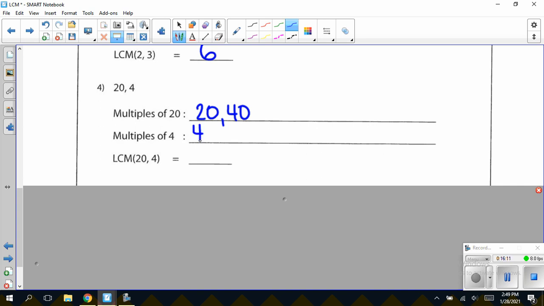So I am going to start my 4s. So I have 4, 8, 12, 16, 20, and I can stop because I already have that first set of multiples, and that is 20.